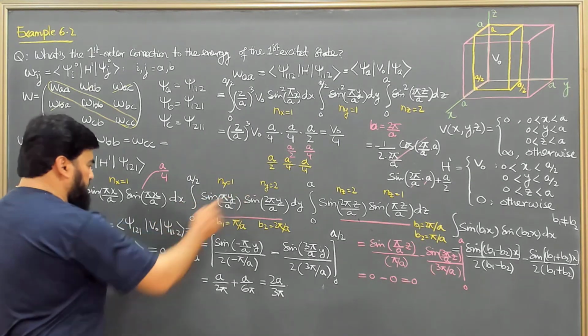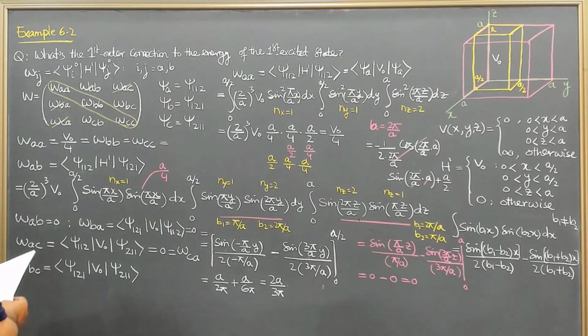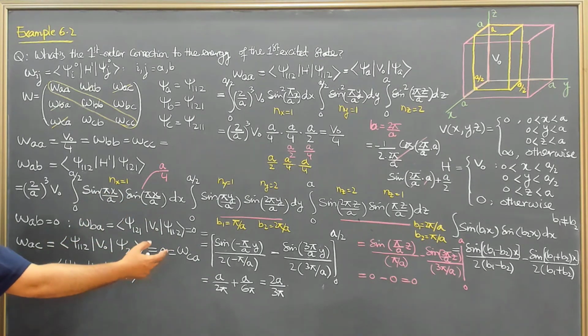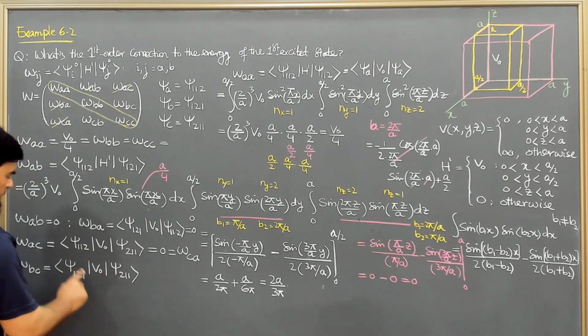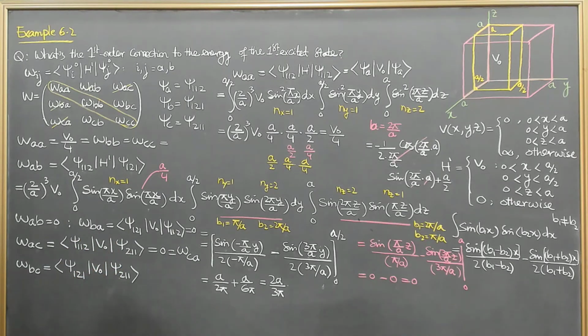Similarly, the 2a over 3 pi will also come. So the 12 and the 21 will give us a result like this.